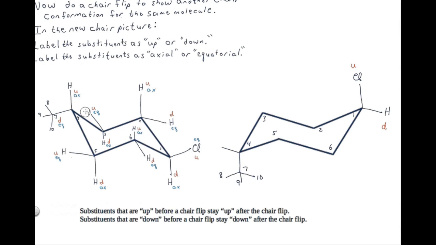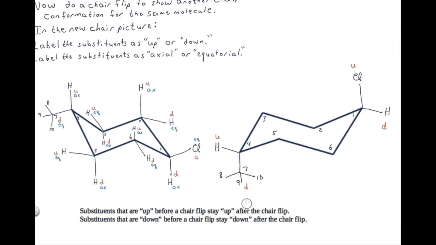The hydrogen on carbon 4 was pointing up before the chair flip, and therefore the hydrogen on carbon 4 should still be pointing up after the chair flip. Again, because carbon 7 was pointing down from carbon 4 before the chair flip, carbon 7 should still be pointing down from carbon 4 after the chair flip.